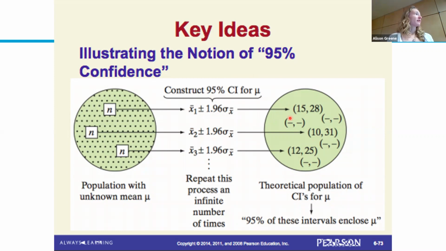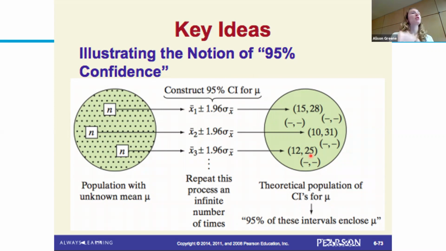So what 95% confidence means is that if we were to do this 100 times, we expect 95 of these intervals to capture the true mean. It's not that there's a 95% chance that your mean is within that interval.